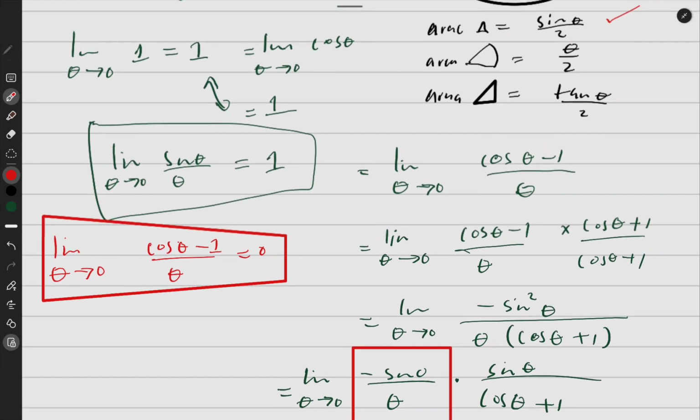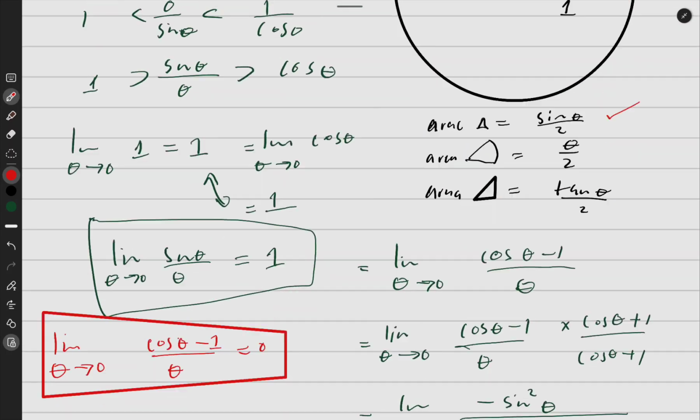Okay, with all this work done, we can now derive using the first principle. So we want to find the limit as h approaches 0 of sine of x plus h minus sine x all over h.